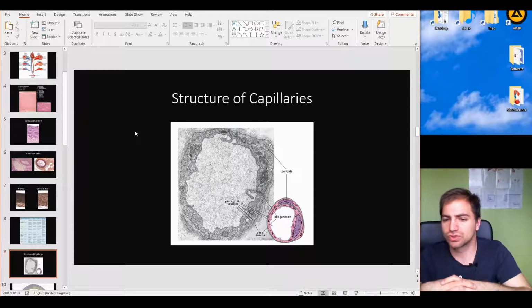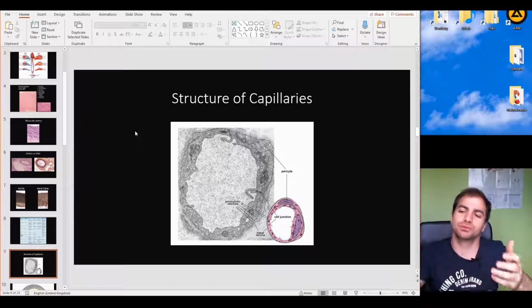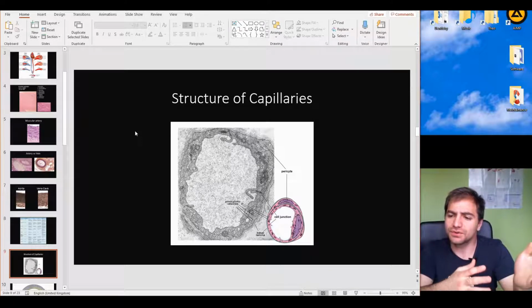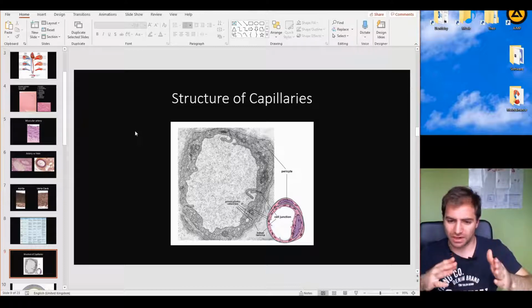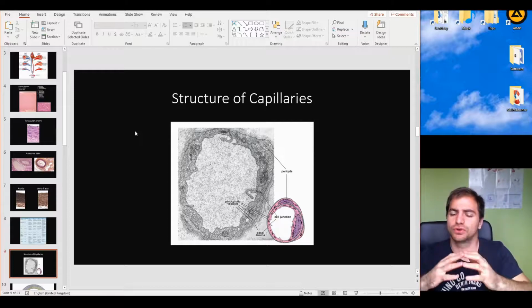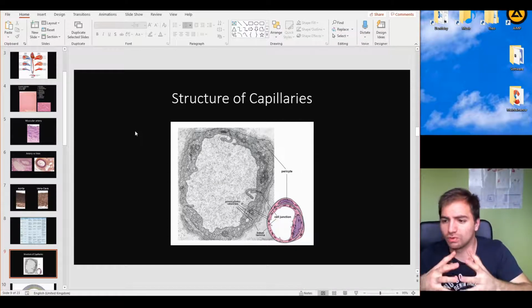Generally, this is one of the most important parts of the system. In fact, this is why we have high blood pressure in the arteries and low blood pressure in the veins, exactly for this, to have the balance between hydrostatic pressure and osmotic pressure, which of course facilitates the proper exchange of all the molecules from the blood to the interstitial tissue.